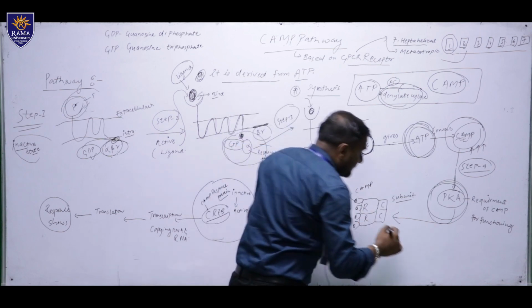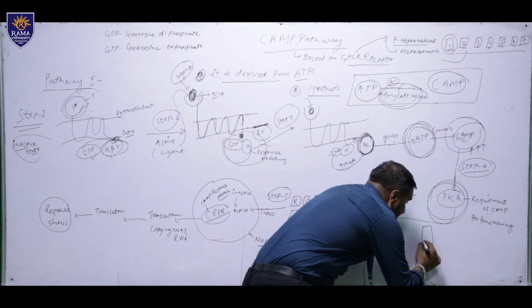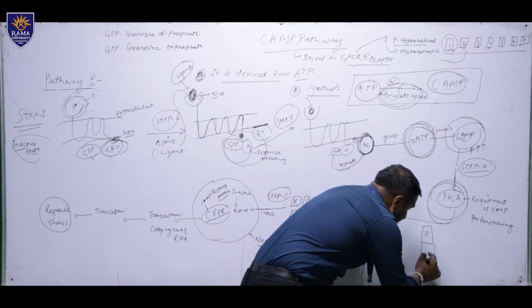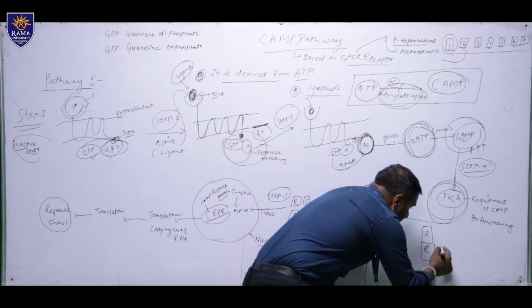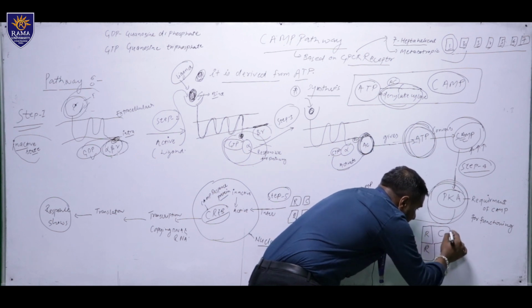The PKA basically depends on the regulatory and catalytic subunits. Now you can see here that is the regulatory subunits, and that is the catalytic subunits.